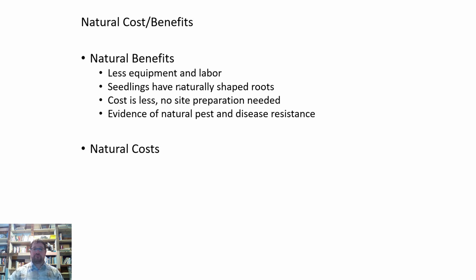They grow out mainly, especially in the trees that we harvest, and so you have to wait for that to take place. So again, it costs less. There's no site preparation, so you just allow the seeds to come in. And then there is obviously natural pest and disease resistance, because genetically these seeds are not all the same.